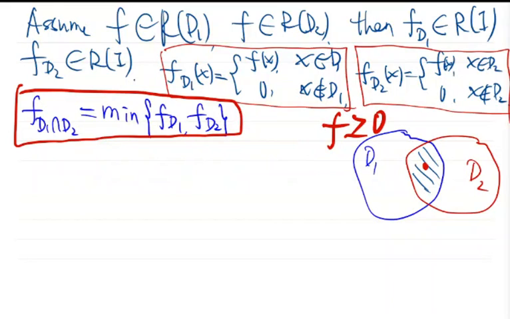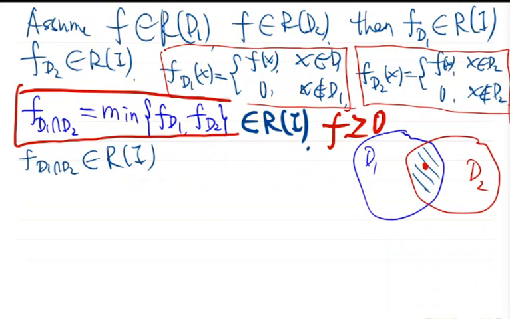Okay, so as we said, because fD1 and fD2 are integrable over I, therefore the minimum of fD1 and fD2 is also integrable over I. Consequently, this means that f is integrable over the intersection.